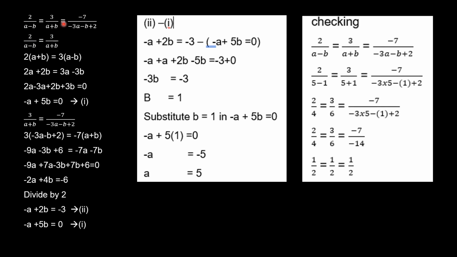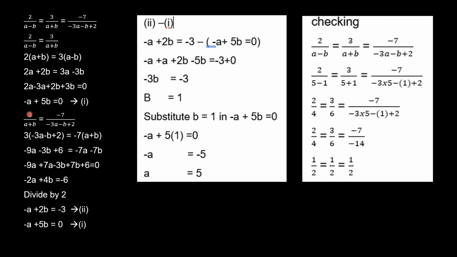First you just equate the first two: 2 by a minus b equal to 3 by a plus b, 2a plus 2b equal to 3a plus 3b. When you solve, we will get minus a plus 5b equal to 0. This is the first equation. Next you take these two: 3 by a plus b equal to 7 by 3a minus b plus 2.